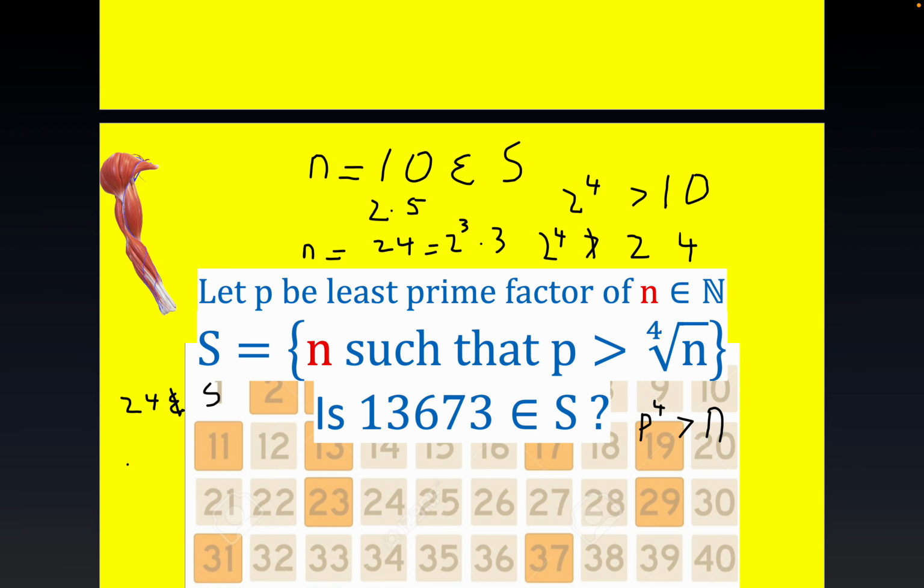There's the divisibility test for 11, and it's based on the fact that 10 is congruent to -1 mod 11.